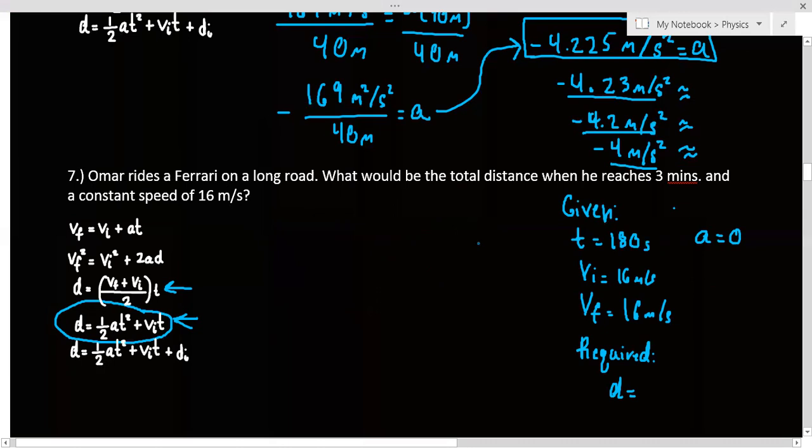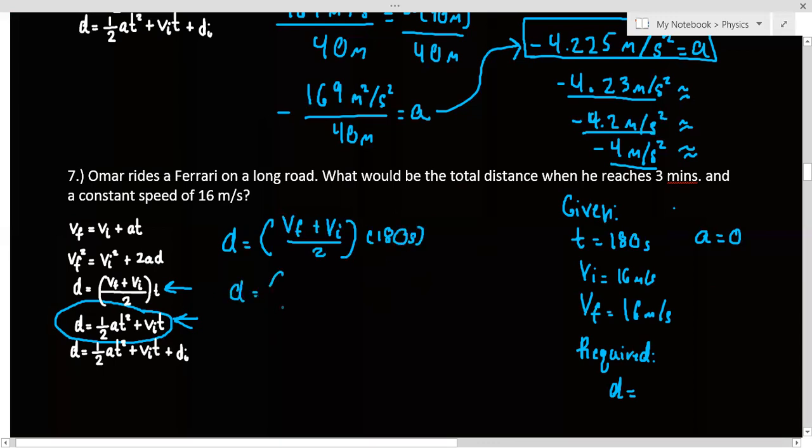Now, let's go back. Let's use the third formula: displacement is equal to final velocity plus initial velocity all over 2, times t, which is 180 seconds.